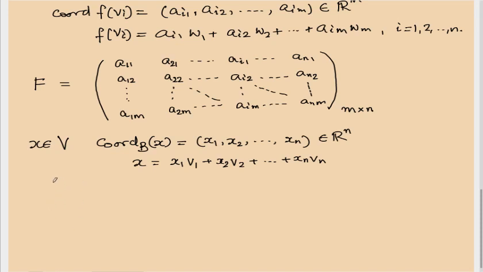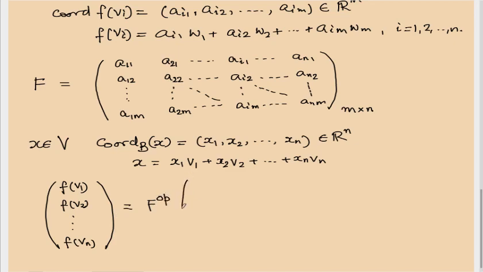So let me write it in this way. If I make this a column vector, this is F transpose times this, where I obviously mean that you are writing this same thing like this, but in this strange matrix notation. It's just for notational convenience.